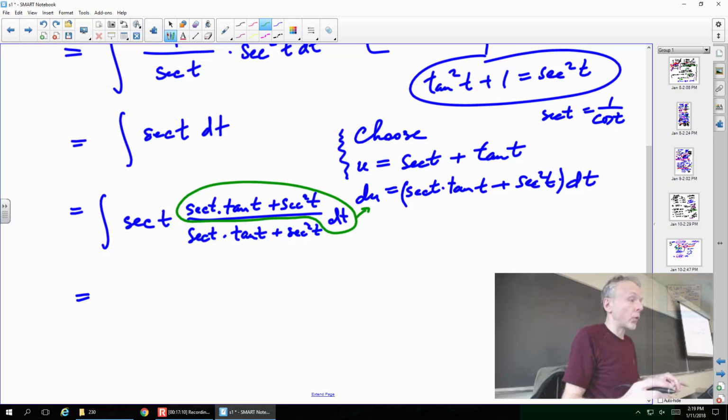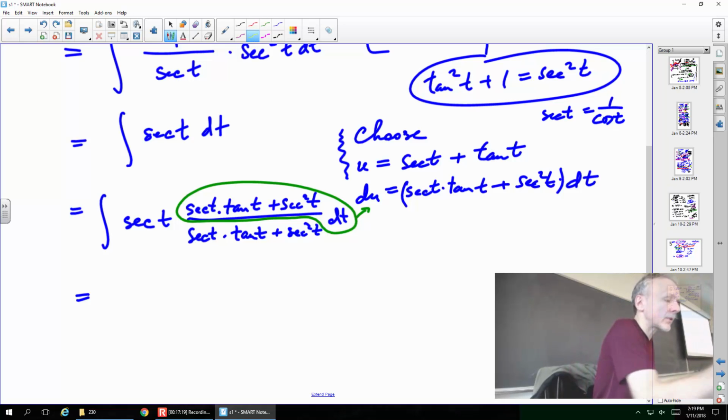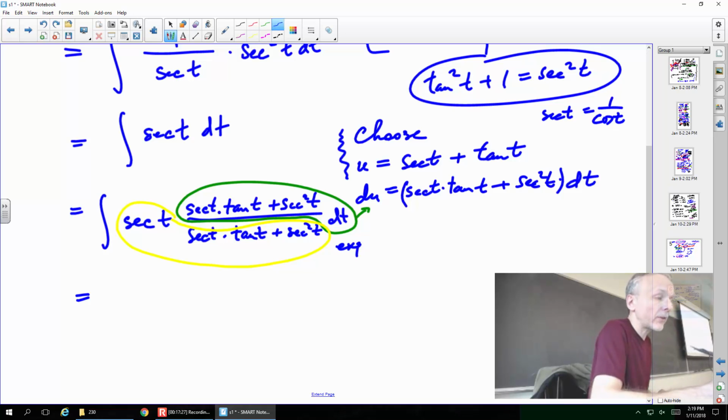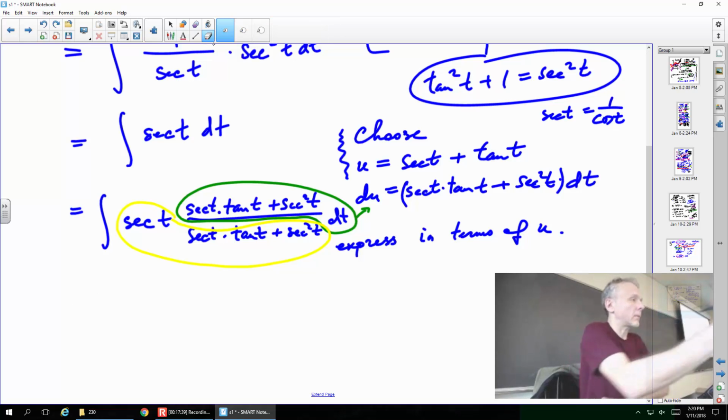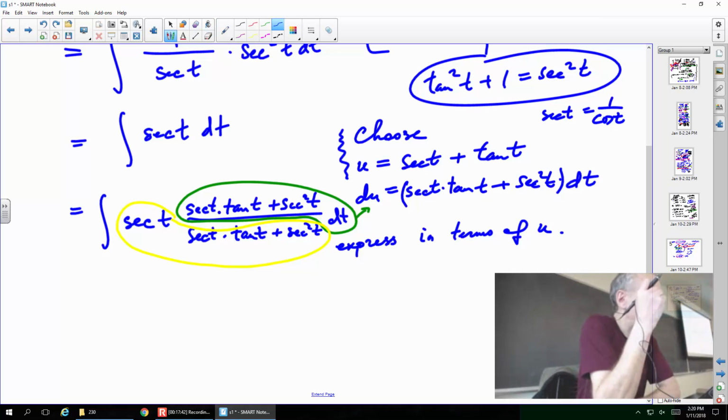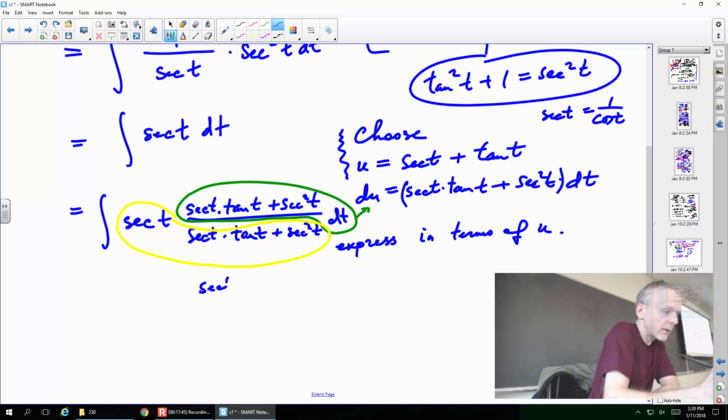So what remains is to see where my u is. Let's look at what's left. It is a complicated expression, but what's supposed to happen is to express it in terms of u. Let me erase this for the time being. There is some algebra here. The expression is secant t divided by secant t times tangent t plus secant squared t.